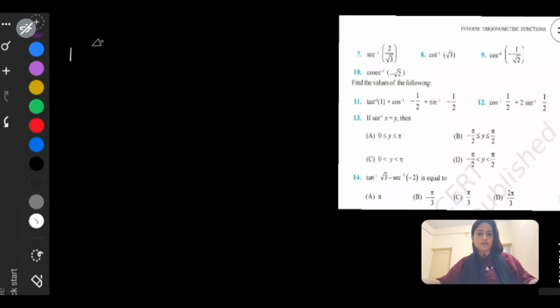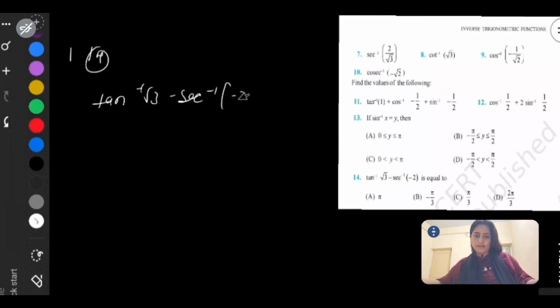Let me check what question number 14 is. Question number 14 is tan inverse root 3 minus sec inverse of minus 2. We know the value of tan inverse root 3 is pi by 3, and sec inverse 2 is also pi by 3.